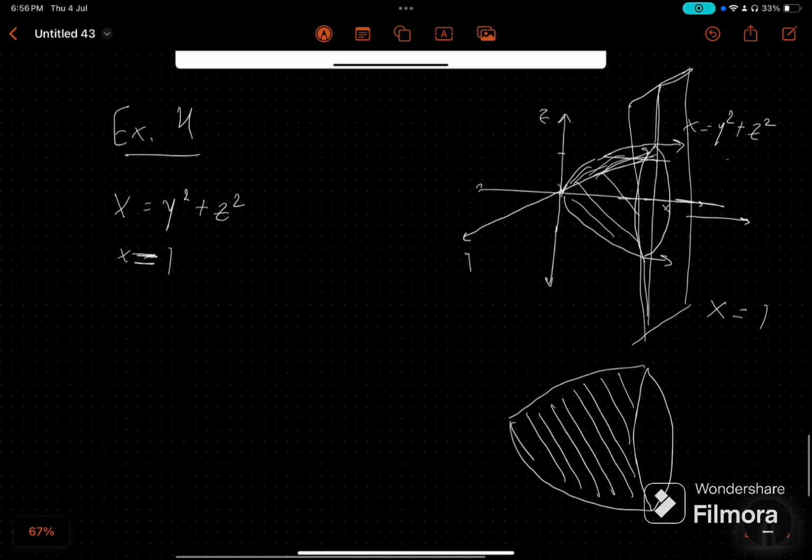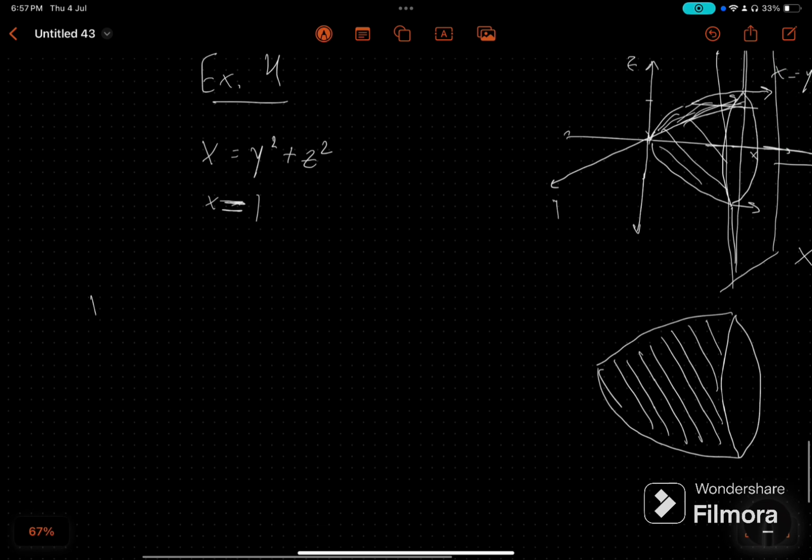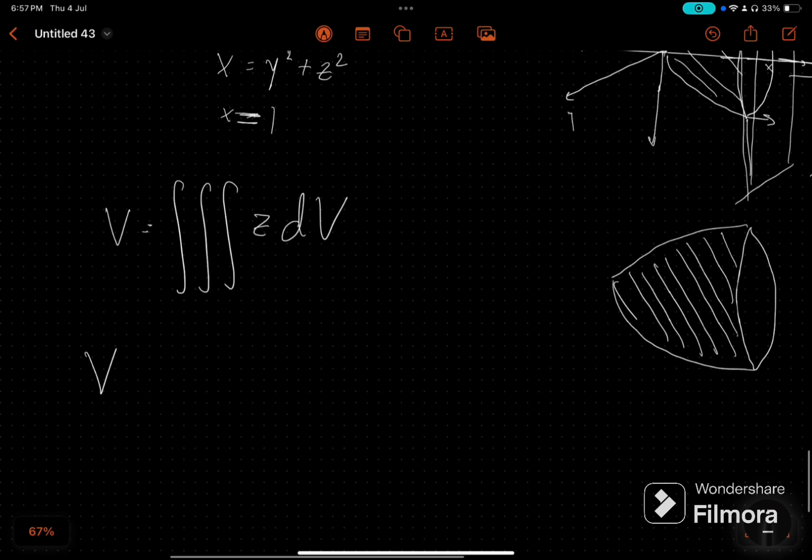Now basically the volume is just the triple integral of dV. I'm not going to evaluate it, I'm just going to write the limits: dz, dy, and dx.